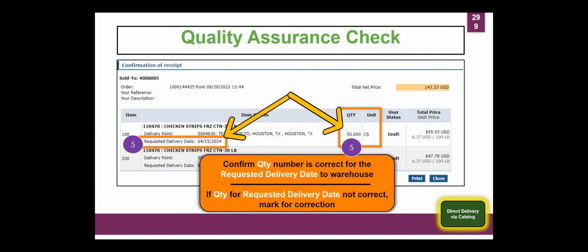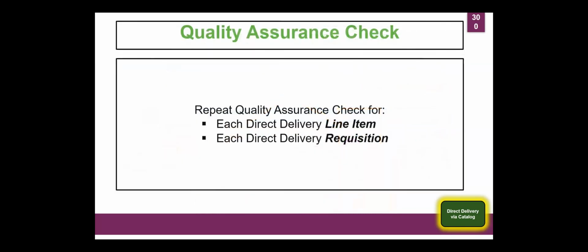So if any of this information is incorrect, you want to make a note of it, draw a circle around it on your paper that you printed off, so you can go back and make those changes. So you're going to repeat this for each line item in your requisition, okay?